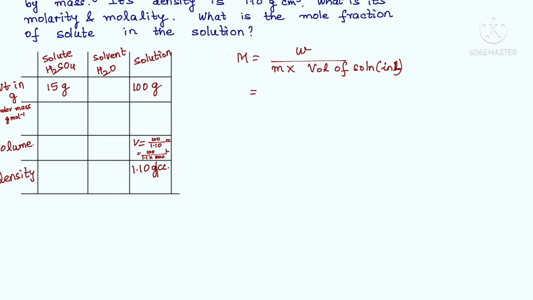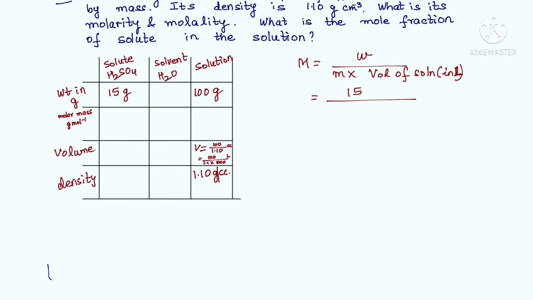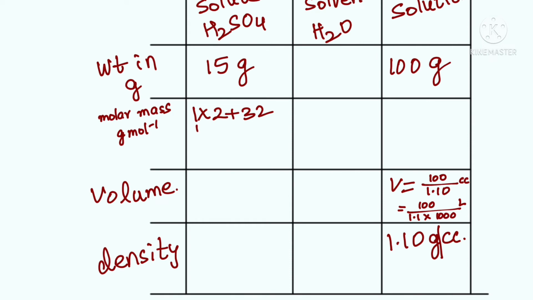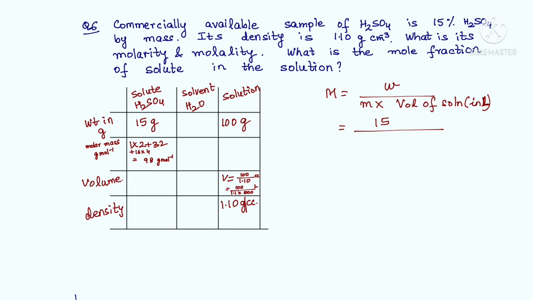So weight is 15 divided by molar mass. Oh, molar mass we did not calculate. Yes, we know it by now. 2 plus 32 plus 16 into 4 gives us a value of 98 gram per mole. Am I right in this one?